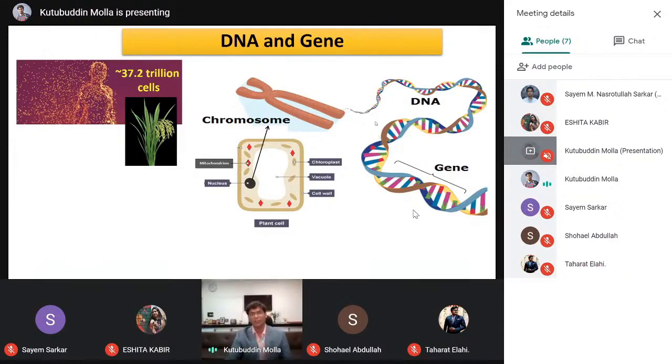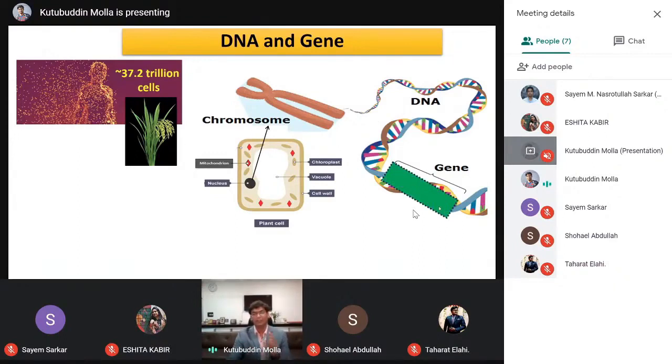But in the long thread of DNA, not all portions of DNA are equally important, according to the present knowledge. Some portion of that DNA is functional, or important for its function, and this portion or unit of DNA, the functional unit of DNA, is called a gene. Here it is highlighted in green.